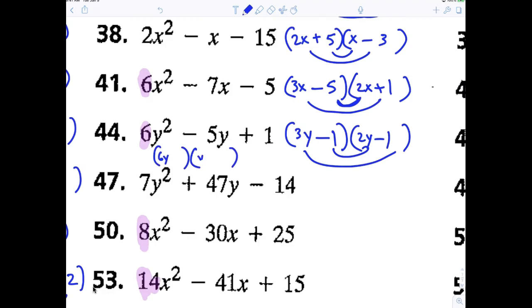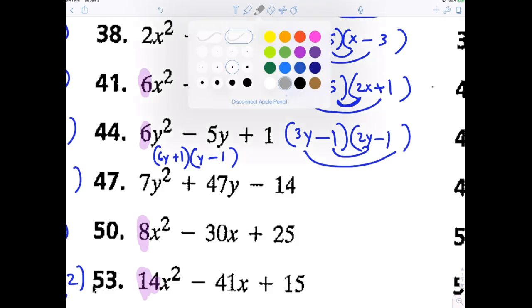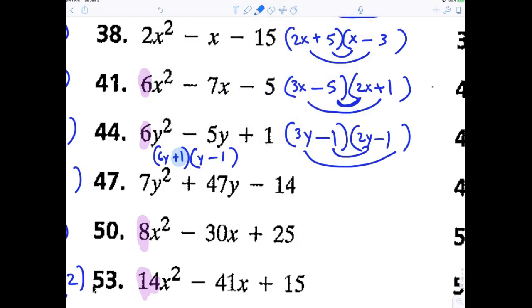Six y, 1, 1. You want this to be negative and that to be positive, correct? Is that correct? You're right, it's not. How do I know it's not correct? What is a positive 1 times a negative 1? Come on now. That's what I'm saying. You got to listen the whole time.